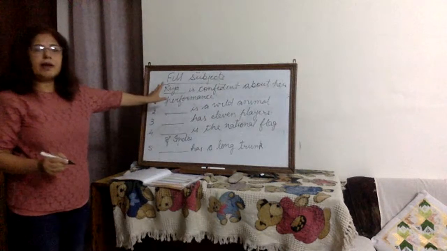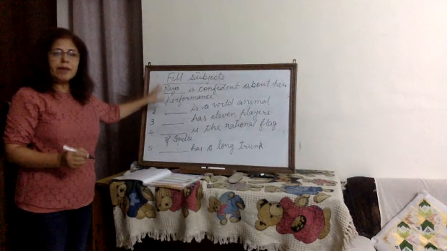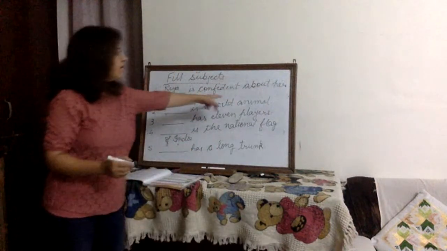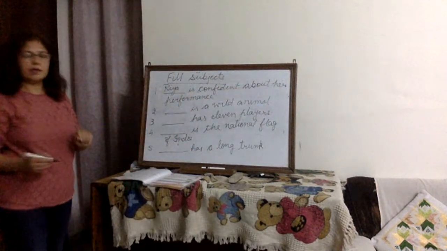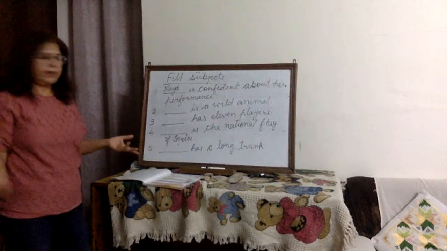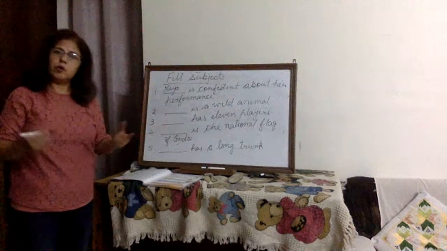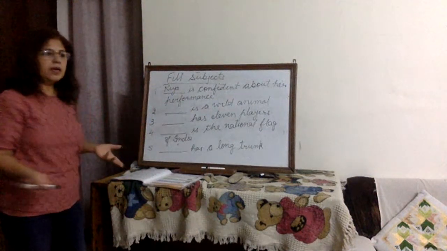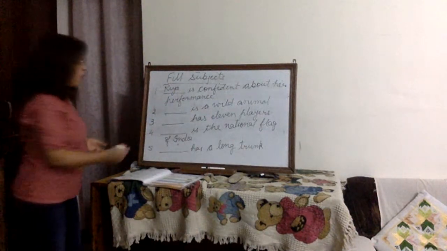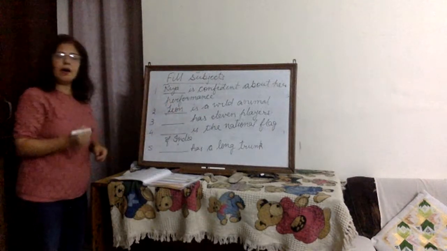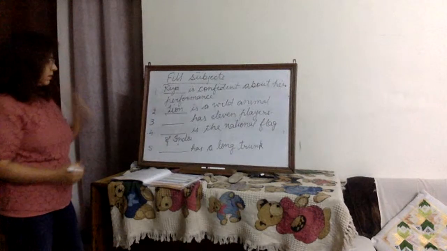We can't write here any boy's name or any male's name because here it is written her. So Ria is confident about her performance. You can write any name. Second, dash is a wild animal. You can write the name of any wild animal, tiger, lion, fox. So I write here lion. Lion is a wild animal.